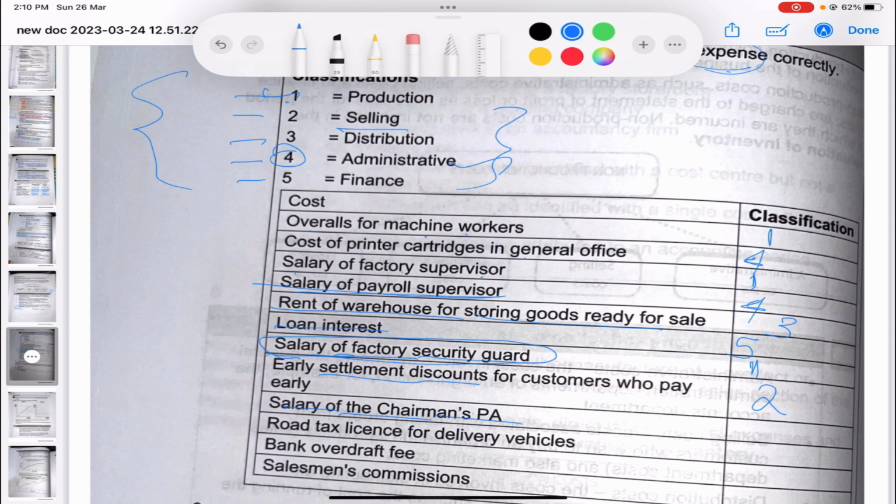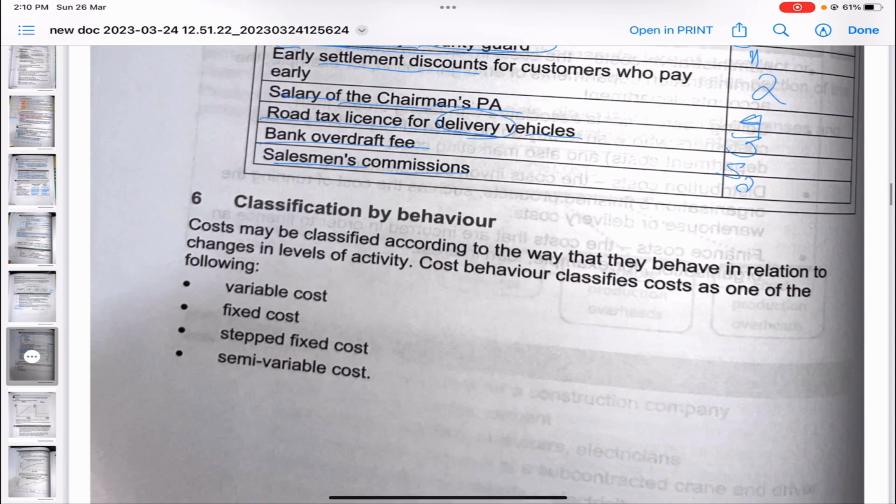Obviously, it is administrative expense. Road tax license for delivery vehicles. Delivery is related to distribution. Bank overdraft fee, that is related to finance. Salesman's commission. Salesman, again, that is related to the selling cost.